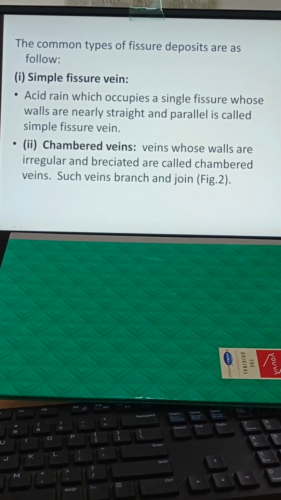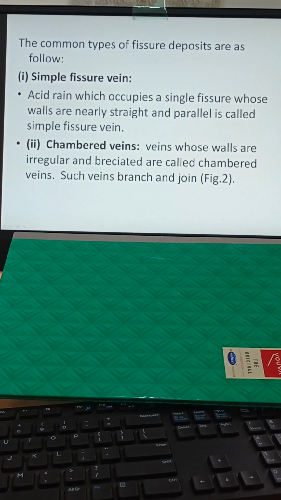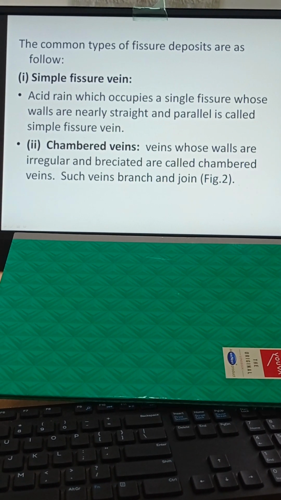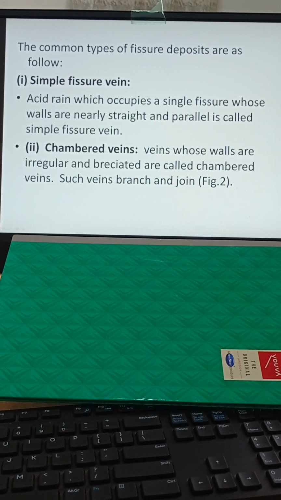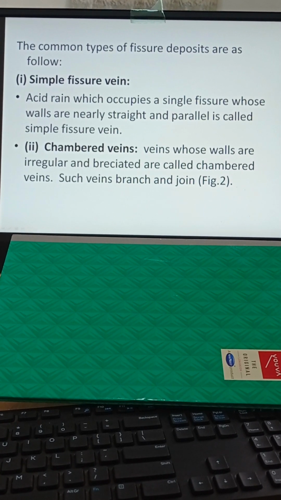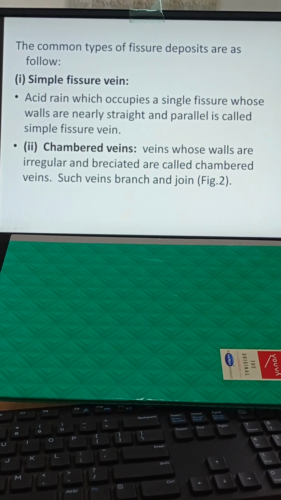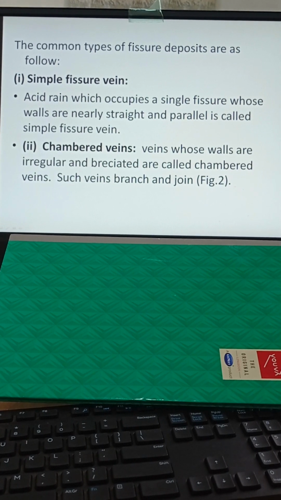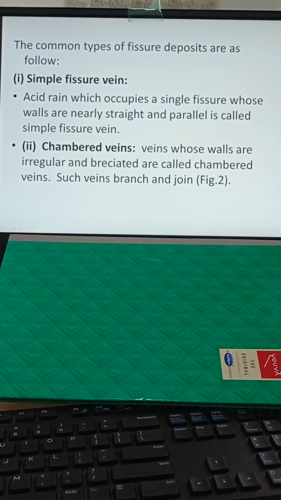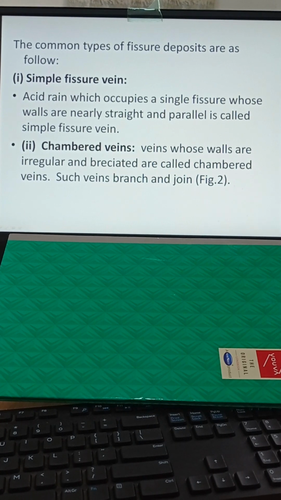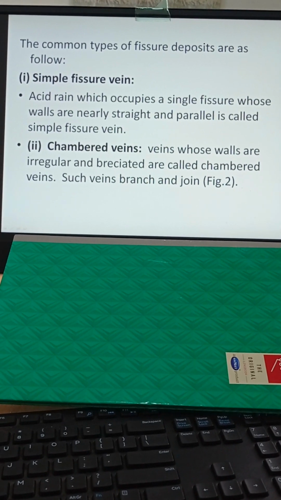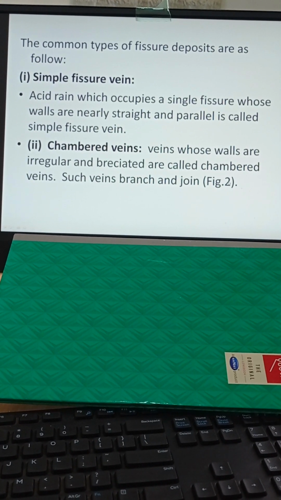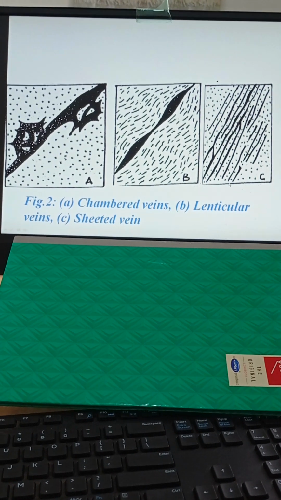What is a simple fissure vein? A vein which occupies a single fissure whose walls are nearly straight and parallel is called a simple fissure vein. Chambered veins are those veins whose walls are irregular and brecciated. Such veins branch and join as shown in the figure.